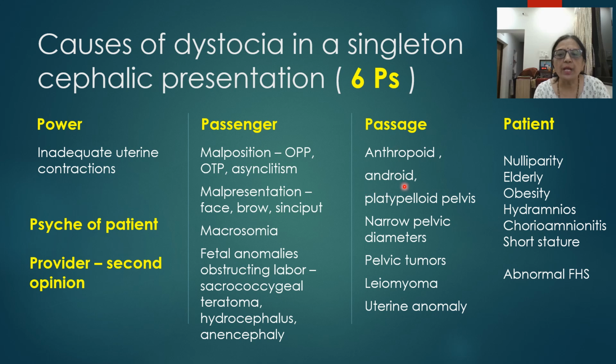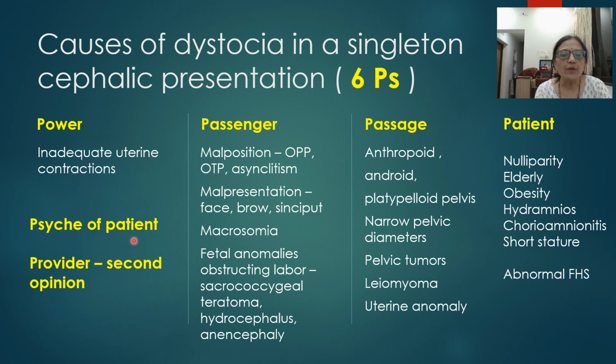In the passage, abnormal type of pelvis, small pelvis, pelvic tumors, uterine anomaly, anything which obstructs the proper passage will lead to dystocia. Patient is here either a maternal condition or the neonatal condition, such as nulliparity, elderly patient, obesity, hydramnios, chorioamnionitis in labor, short stature, and abnormal fetal heart rate patterns. All these are the important points whenever we evaluate a patient and see what are the causes of dystocia.